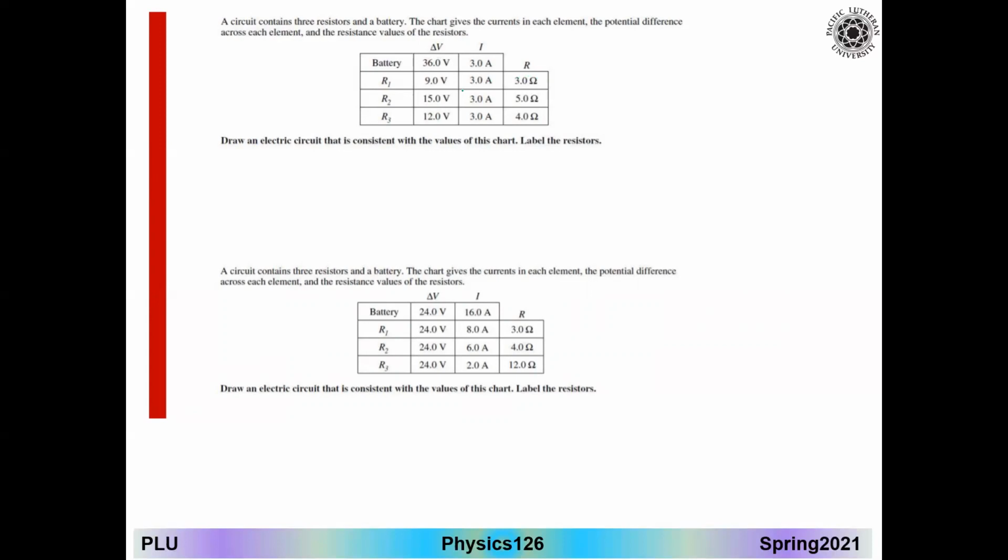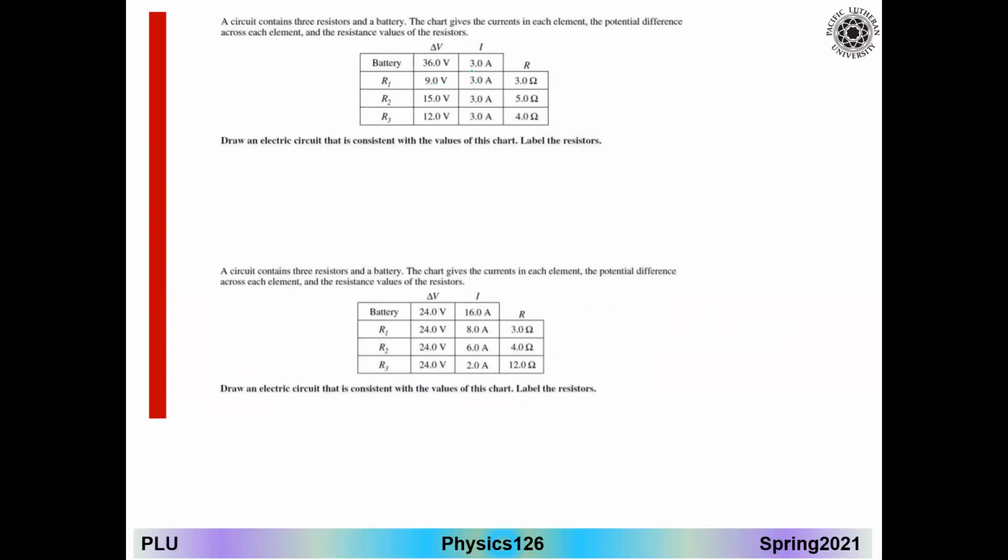In a case like that, you just look at the voltage and the current. Wherever we have the same current, it indicates I have a series connection. Wherever I have equal voltage, it means I have a parallel connection.